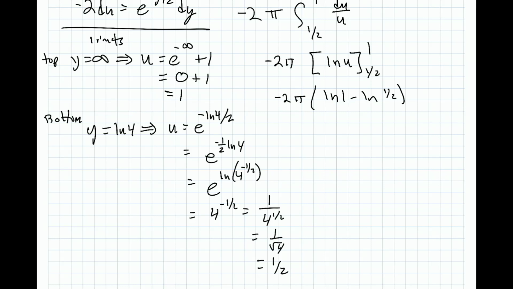I do not understand. Because what I'm going to get is this. I'm going to get negative 2 pi. This is 0. And then minus ln 1/2. ln 1/2 is just ln 1/2. So you have negative 2 pi, actually negative, so 2 pi ln 1/2.